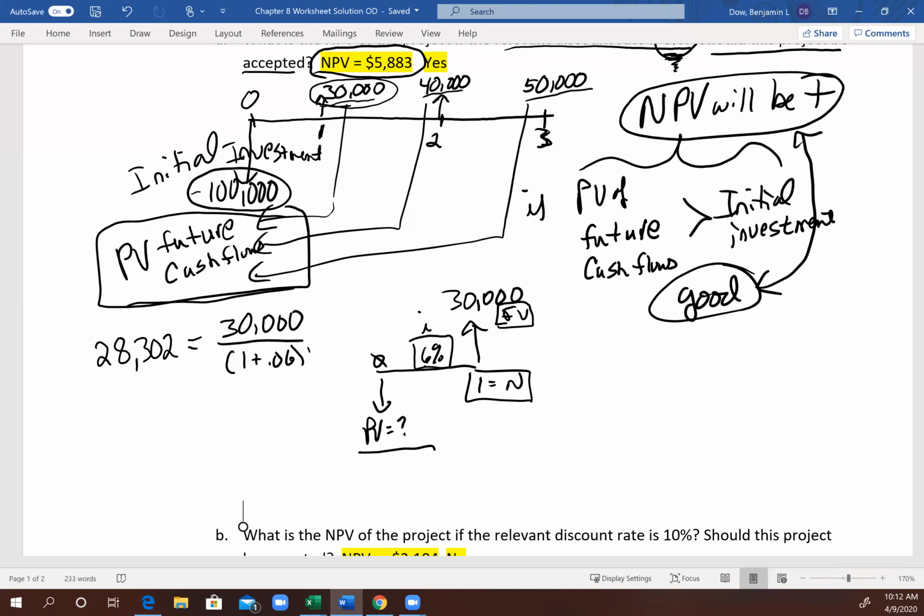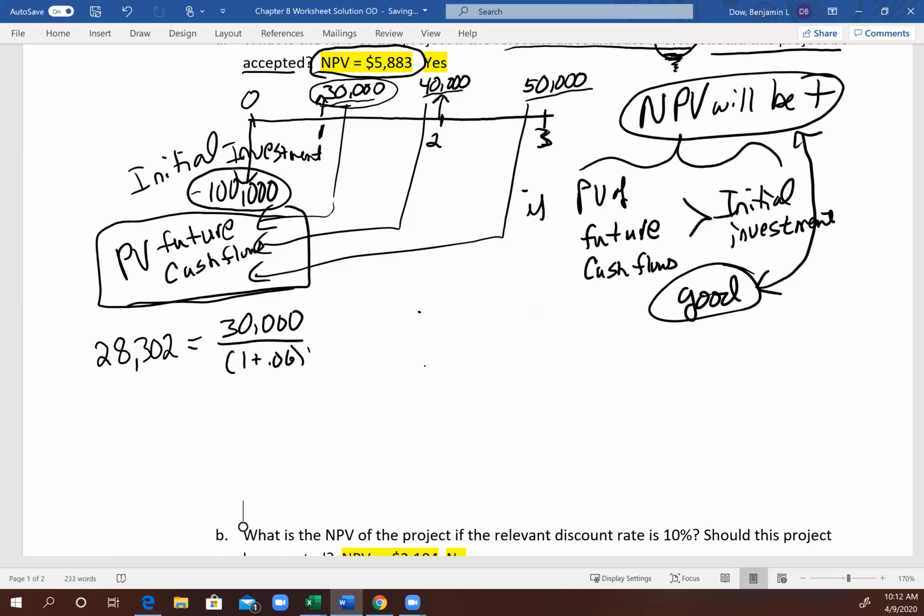I'm going to go ahead and erase this. Now let's look at the year 2 cash flow. The year 2 cash flow is $40,000. It comes 2 years from now. And I want to find the present value of the 40,000 2 years from now.